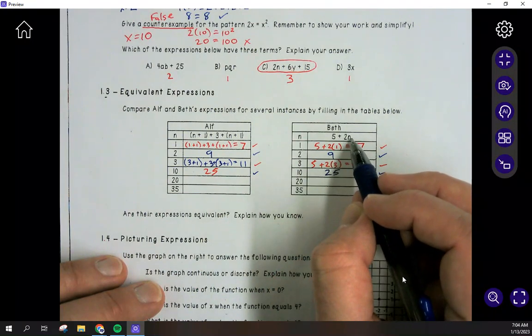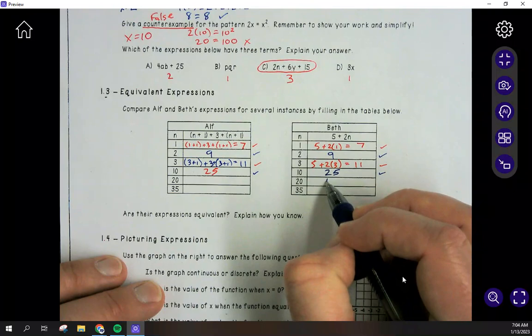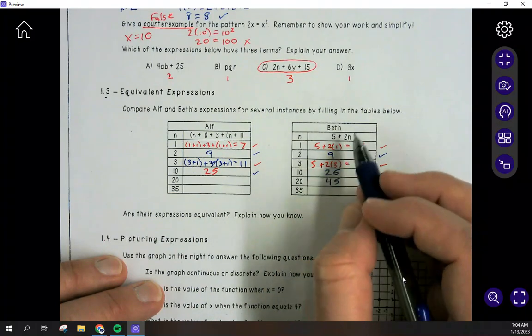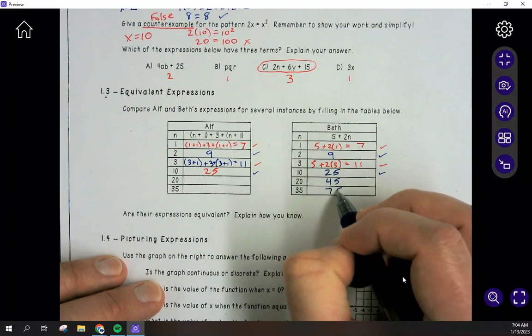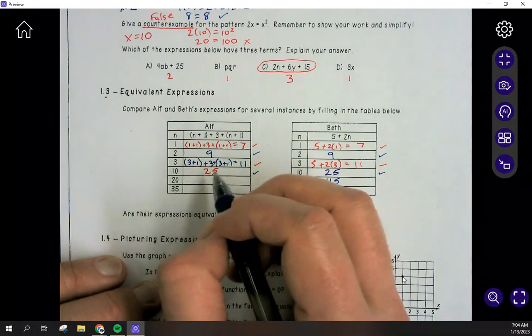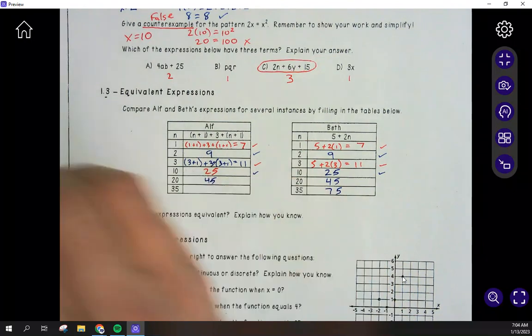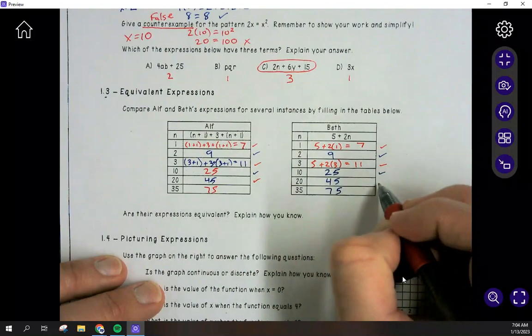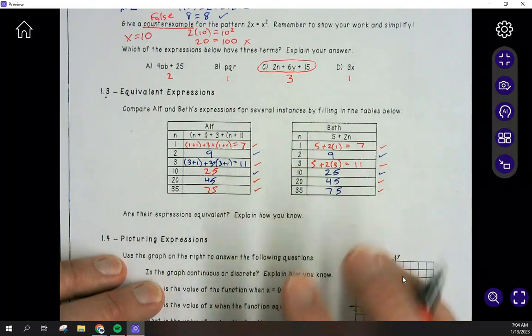It's a little easier. 2 times 20, that's 40, plus 5 is 45. 35 times 2, that's 70, plus 5 is 75. And you would need to run these out. They do end up being the same. We do get 45 and 75, so these all match.